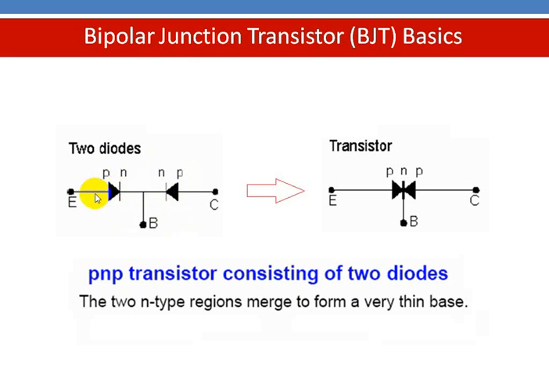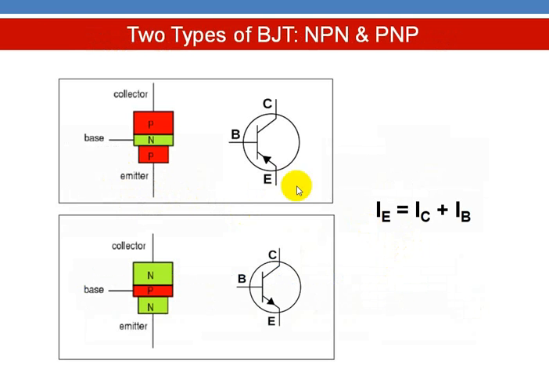This P layer is the emitter terminal, this P layer is the collector terminal, and this middle region is the base region. Usually this middle region will be a thin region. The two end regions merge to form a thin base.